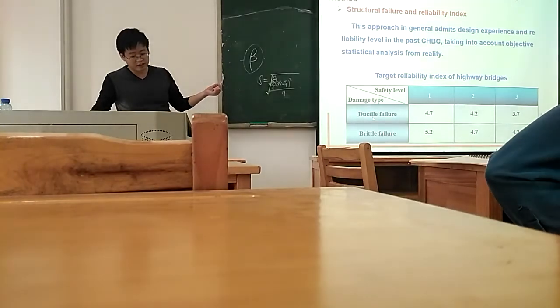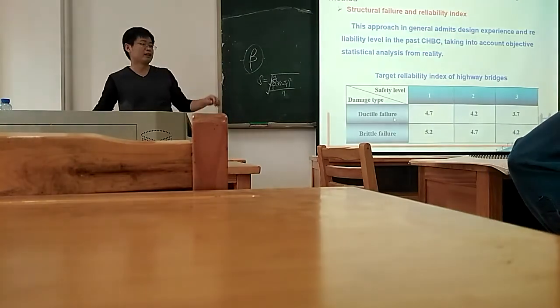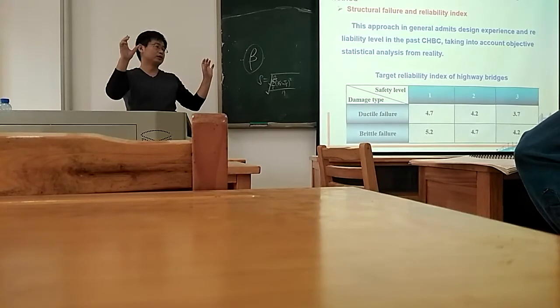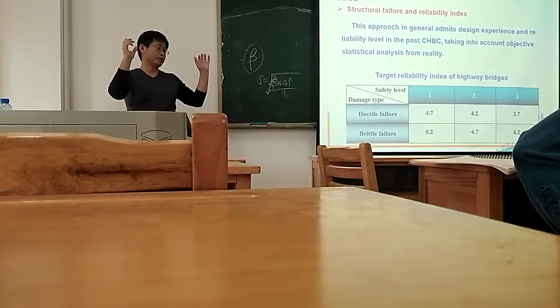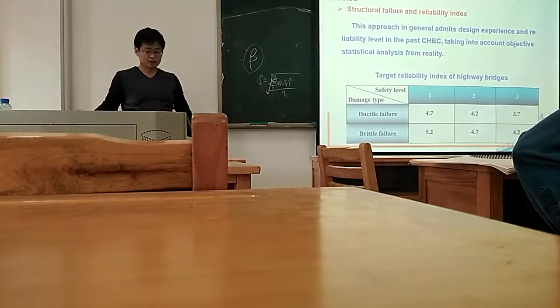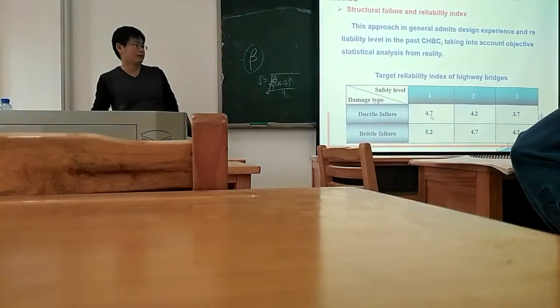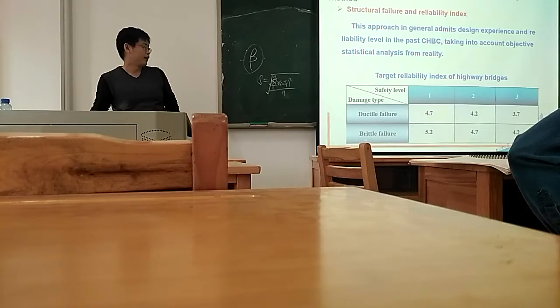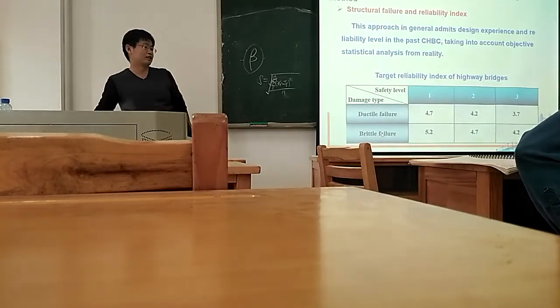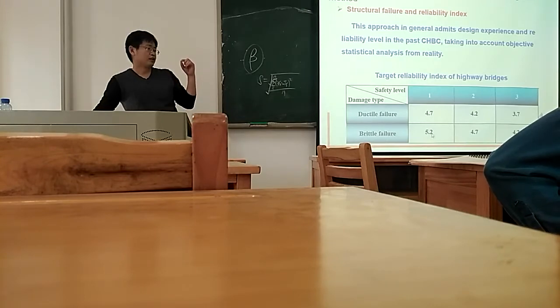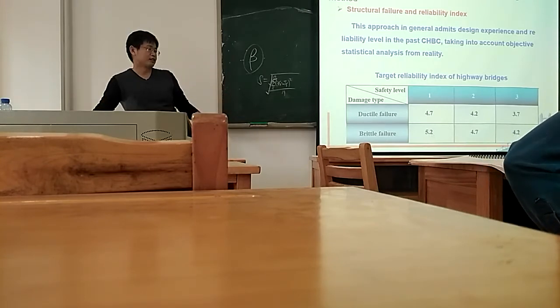For ductile failure, the plastic failure, you have time to prepare to repair. So compared with this failure, the index is a little bit smaller. Failure of the brittle type is more dangerous, so we should have a higher reliability index.